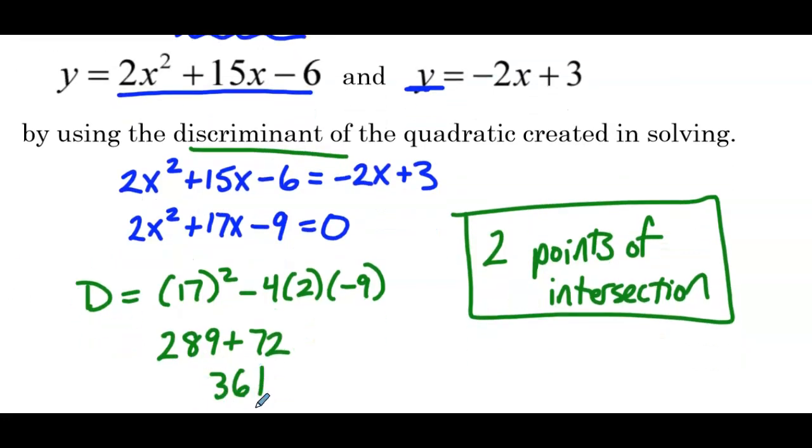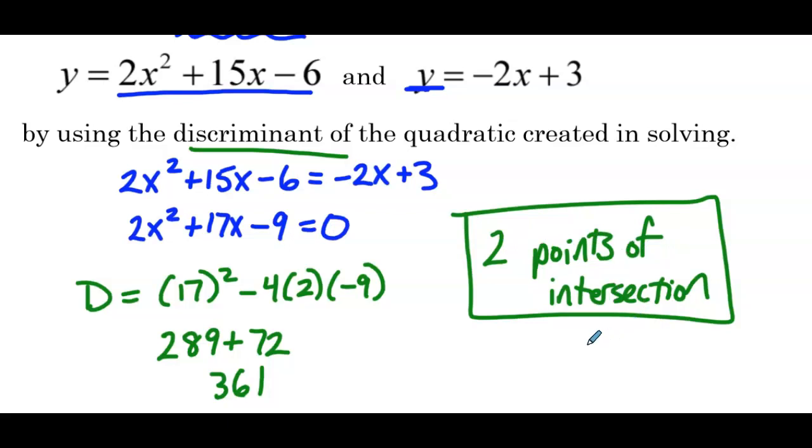So the fact that we have a positive discriminant, right, back to the nature of roots, we would describe the roots of this quadratic, 2x squared plus 17x minus 9, not a quadratic we're graphing, as real, rational, unequal. Unequal is the important part because that means there's 2 solutions to this equation, which means we'll have 2 points of intersection.